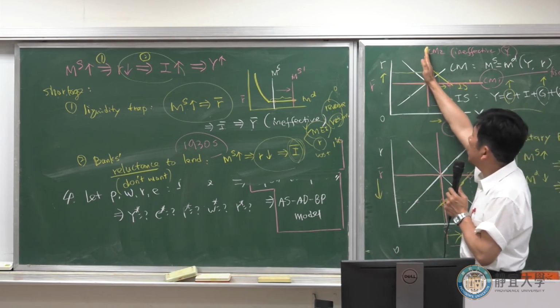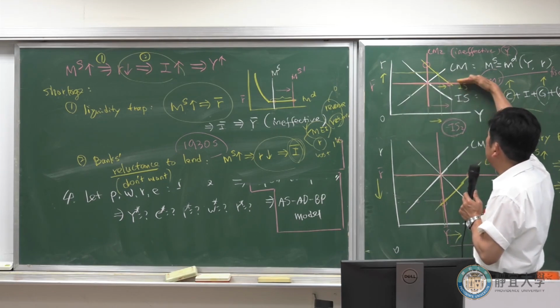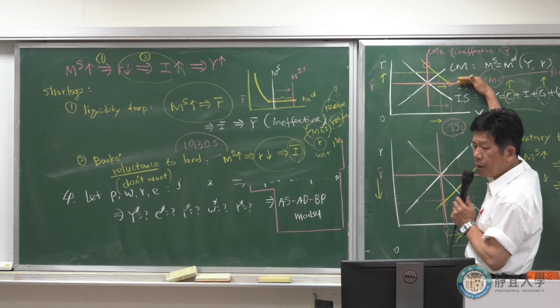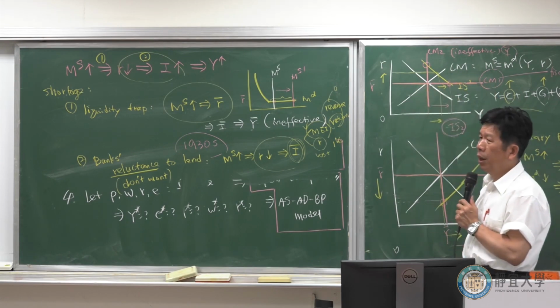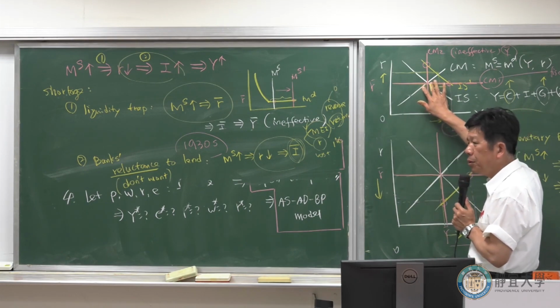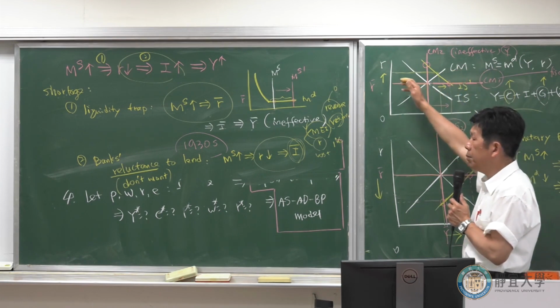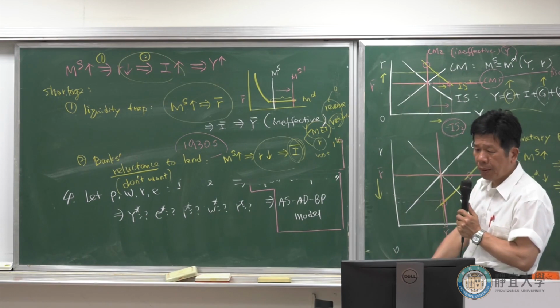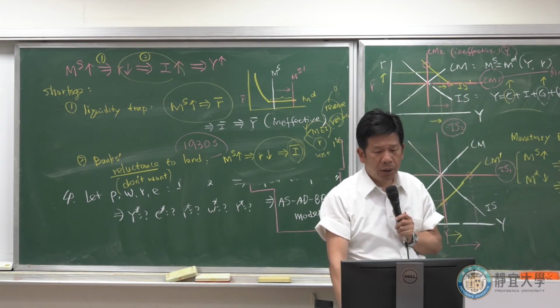This is the vertical LM, and this is the horizontal LM. So you need to consider when the LM has a special situation, and then the fiscal policy is effective or ineffective. So you can check this one.